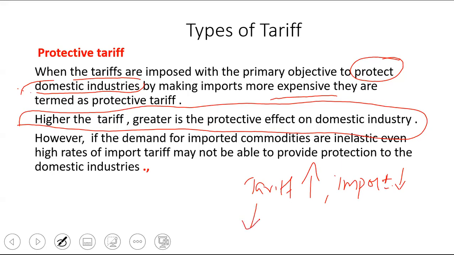When import is low, domestic industry will be protected. This can be a good objective. This one.